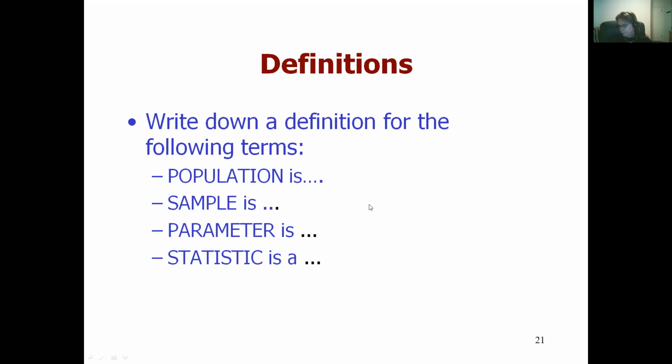What is a sample? What is the difference between these 2? I'm going to give you a couple of minutes to do so.